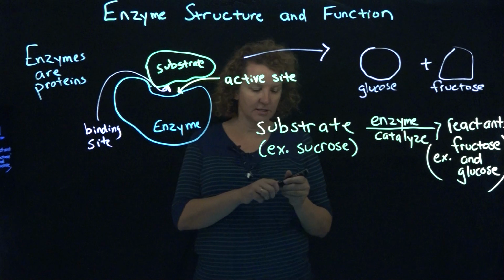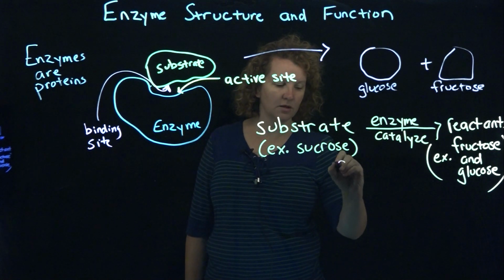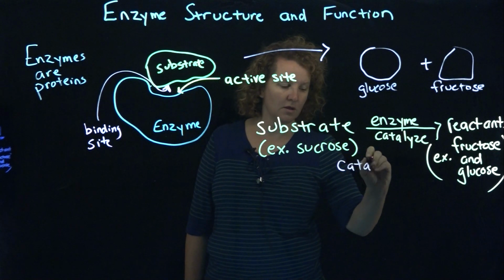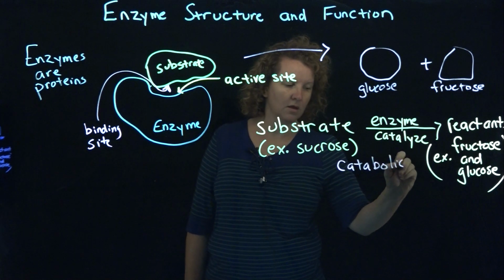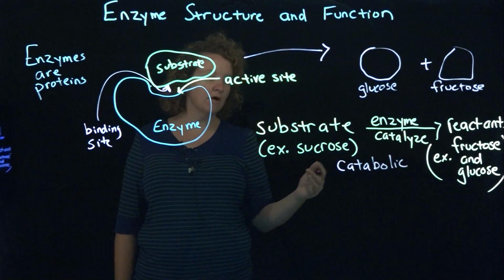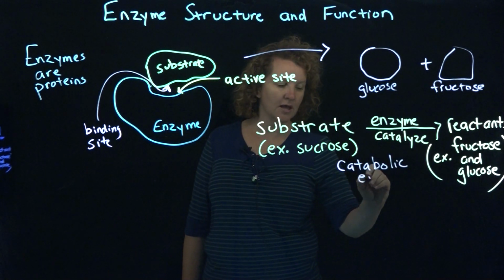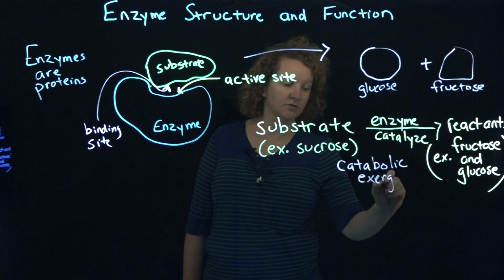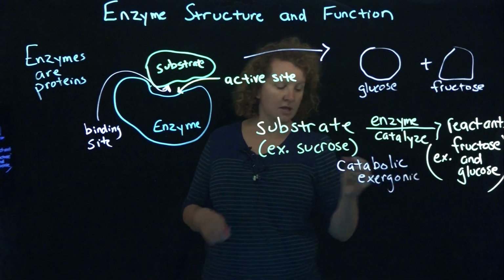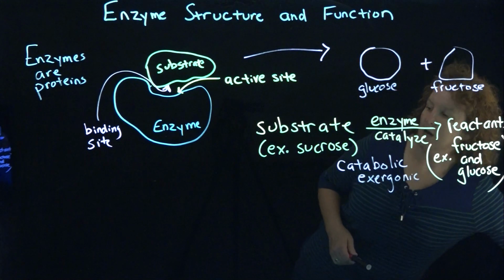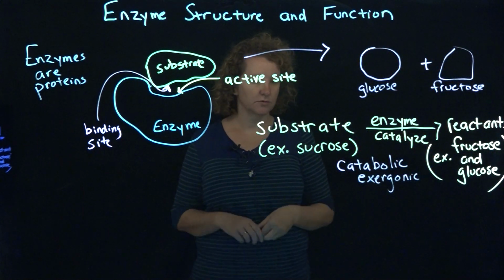So a reaction like this would be what's called catabolic, or a breakdown. And if you remember from other readings, that's typically going to be exergonic because we're releasing energy, and we're getting at the energy that's inside of that sugar, that disaccharide sucrose.